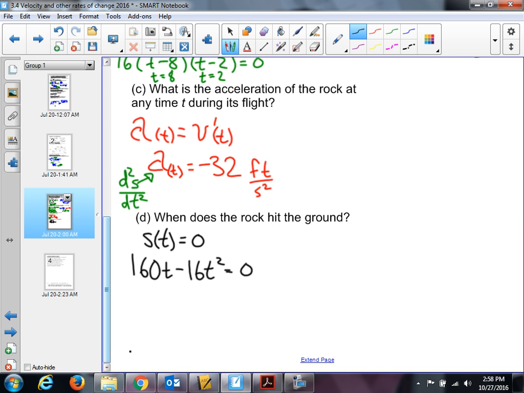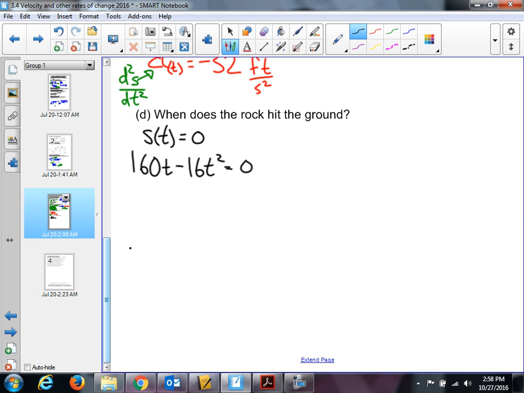Okay, you could solve that one by factoring. Common factor of 16t. 16t times 10 minus t equals 0. So we expected this one to come up. The initial starting time is 0, or 10 seconds later. That's when it hits the ground.